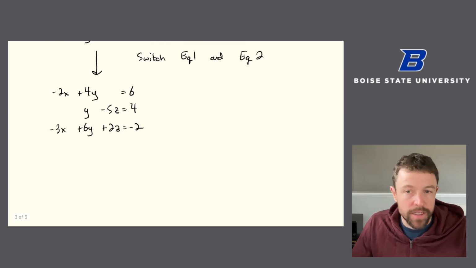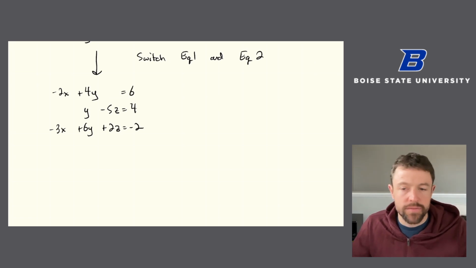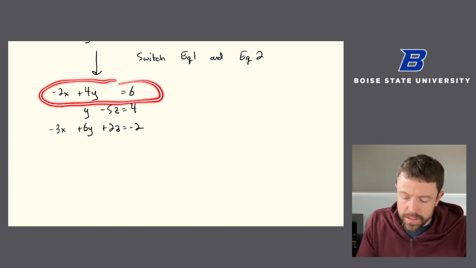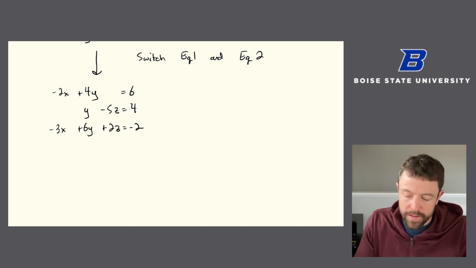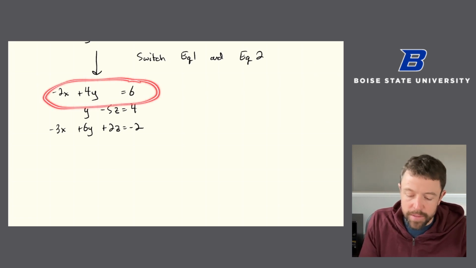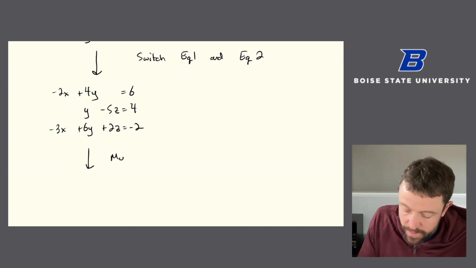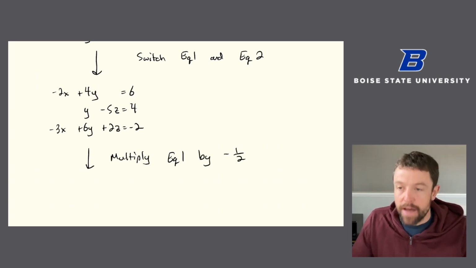My next step, I don't have to do this, but I'm doing it because I want to demonstrate it, and there's actually good reason to do it. It kind of makes sense. I notice that this equation at the top is all divisible by 2, and so I'm going to get rid of that. And if I'm getting rid of the fact that these are all divisible by 2, why not make this positive? So I'm going to multiply equation 1 by minus 1/2.